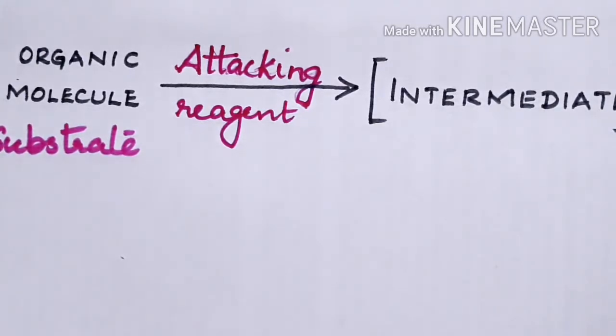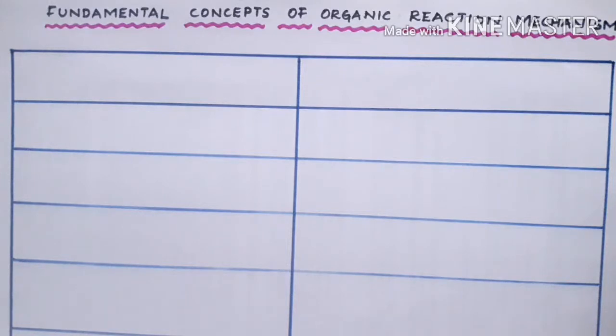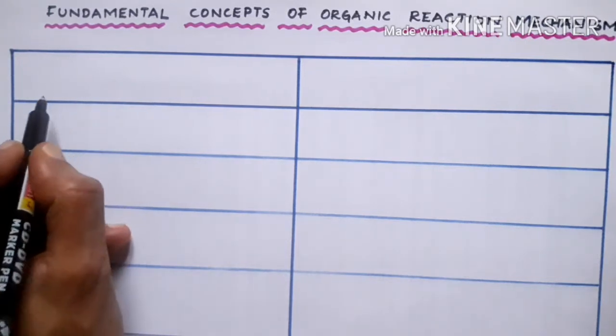Before moving on to the organic mechanisms, we must know what fundamental things are required to learn it. The attacking reagents can be in the form of electrophiles or nucleophiles. Now we'll learn the difference between electrophiles and nucleophiles.